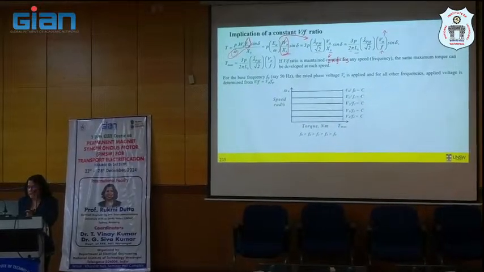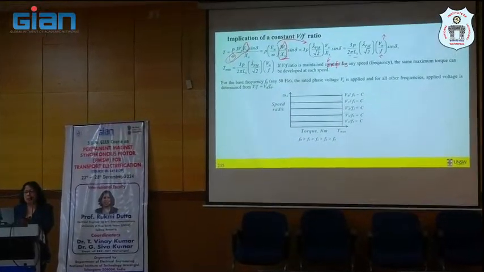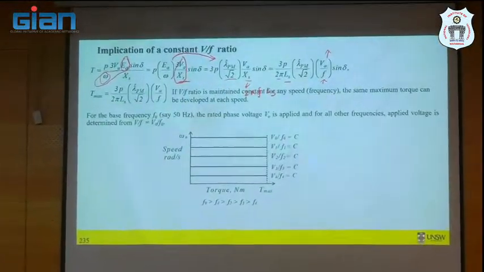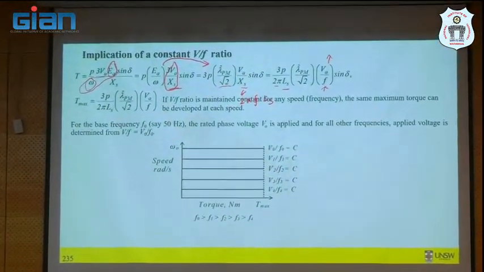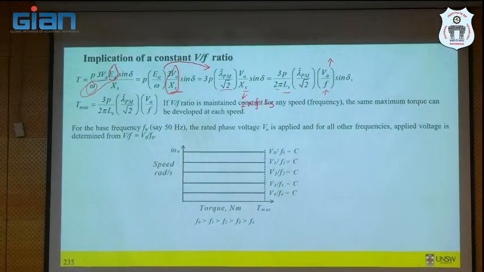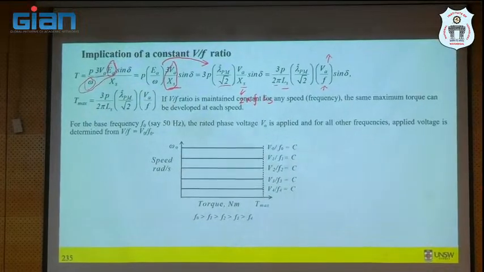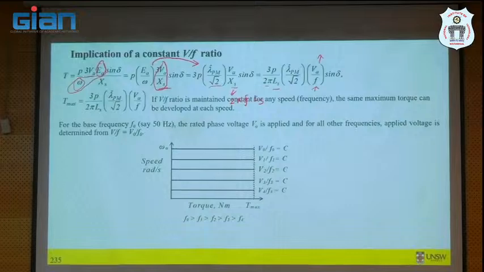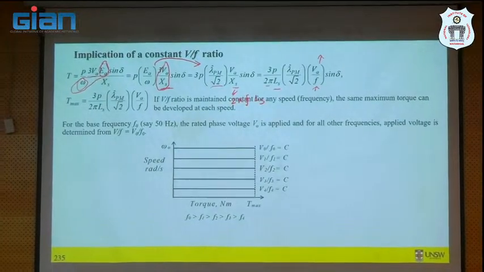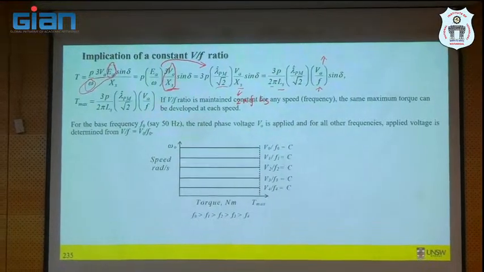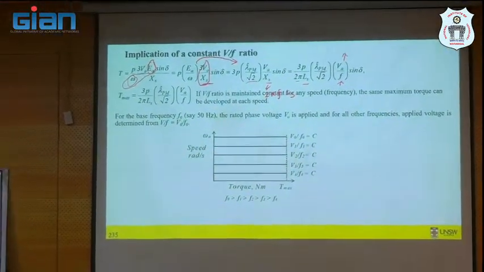But there is some problem. Although theoretically it is true that I can get the same maximum torque for any speed down to 0, usually that's not the case. If you have done some experiment, you will see that you do not get the same maximum torque at low speed. Very close to 0 speed, you cannot get the same maximum torque. Do you know why?